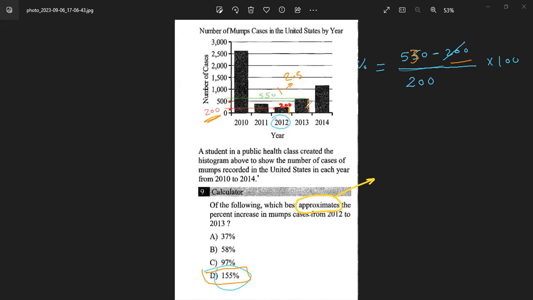You can even measure it with your ruler to check it. So the increase from 1 to 2.5, increase of 1.5 times 100, is around 150%. This is very easy, I think, a question of less than 1 minute.